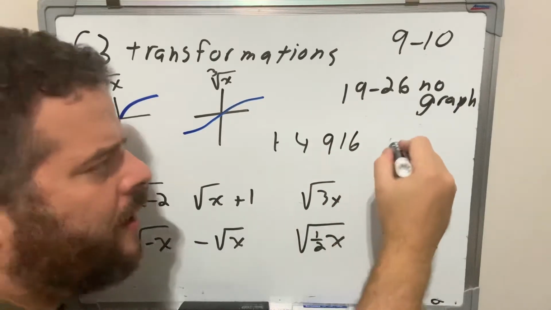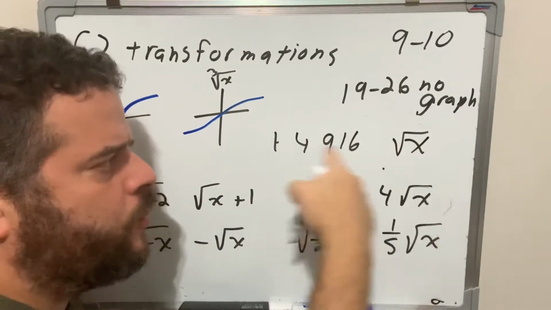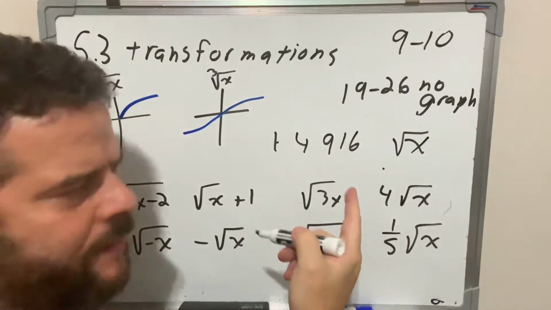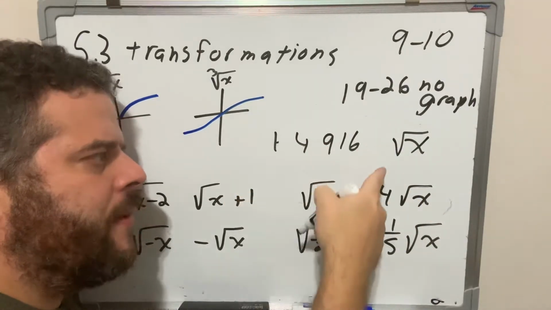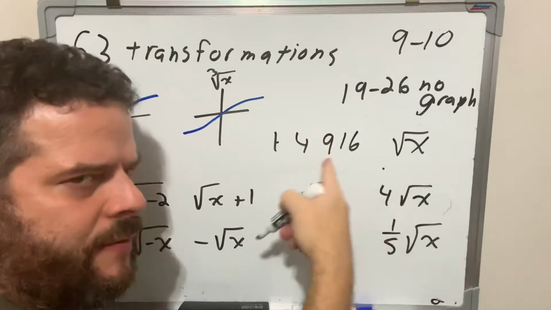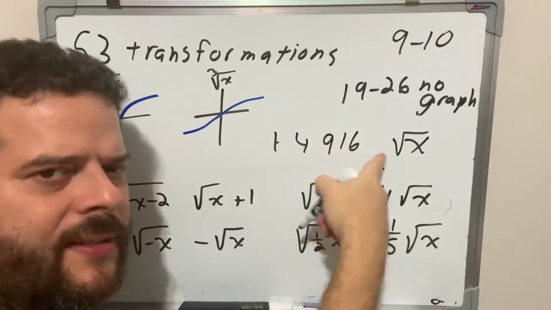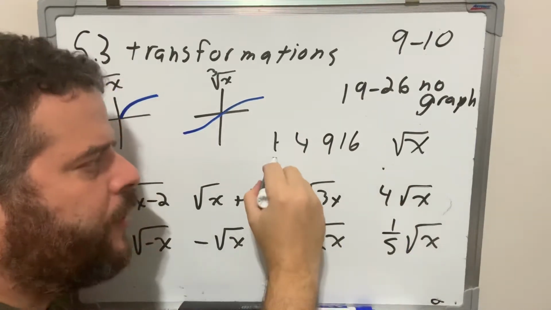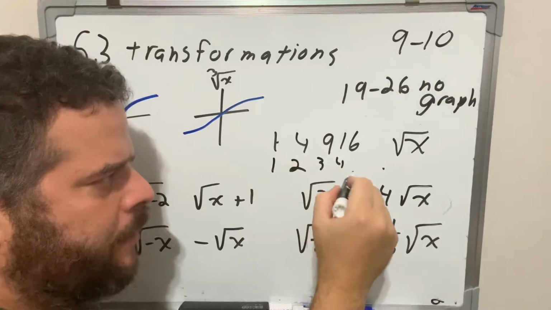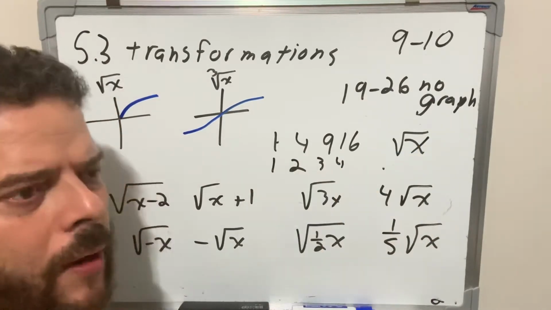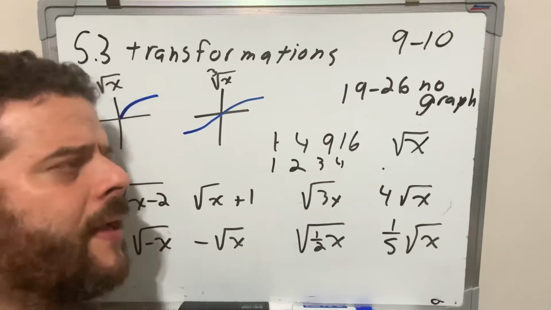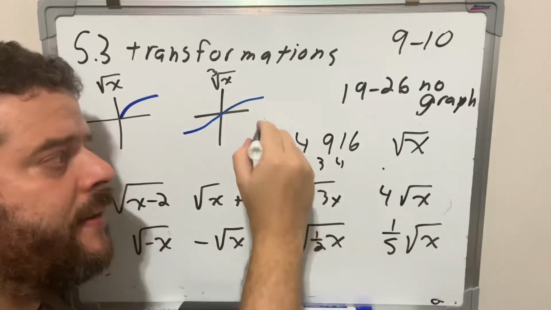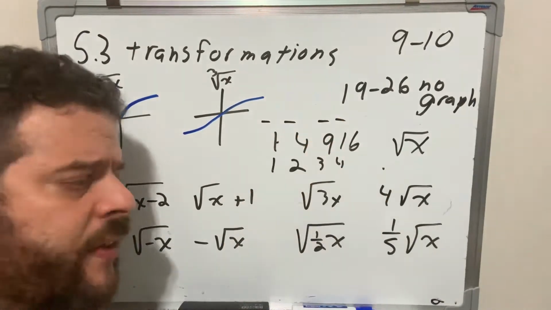What is the square root of 1? 1, positive, negative. What is the square root of 4? Positive, negative 2. What is the square root of 9? Positive, negative 3. What is the square root of 16? Positive, negative 4. Because if I were to use the other values to do my table, what is the square root of 2? Well, just plug it into a calculator and you'll get your answer. But if you use these numbers and their negatives, it's going to be way easier.